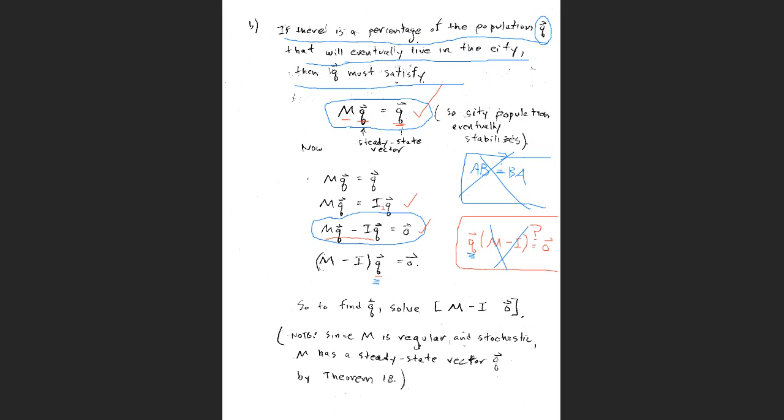But also, you have to factor Q from the right side, because M times Q is M times Q, and I times Q is I times Q. So the order matters because matrix multiplication is not commutative. It doesn't even matter if it's square. This is not true. The matrix factorization has to be like this.